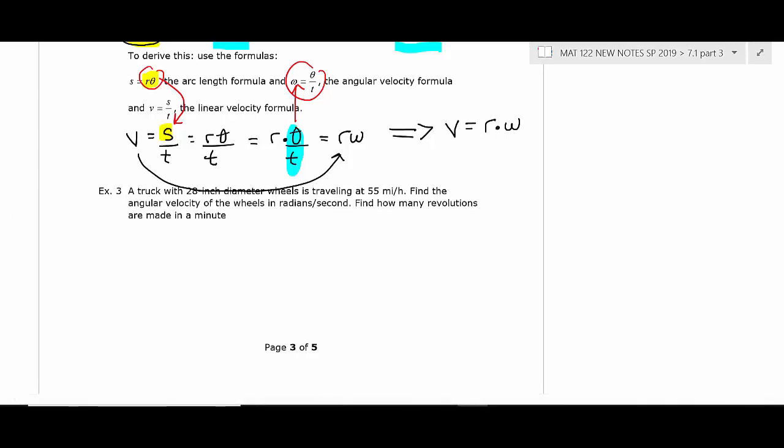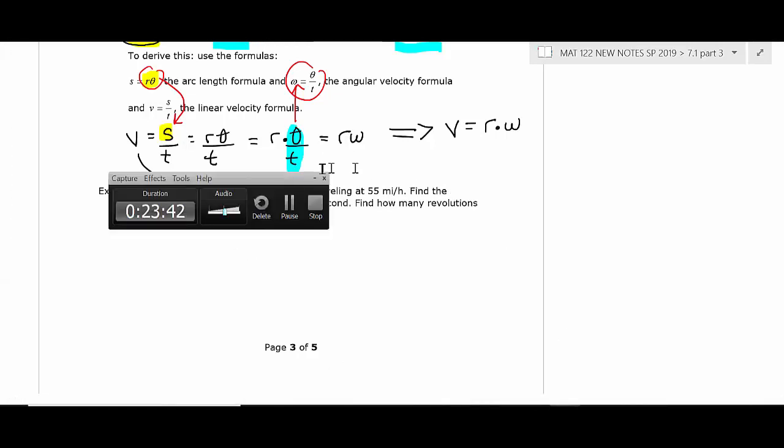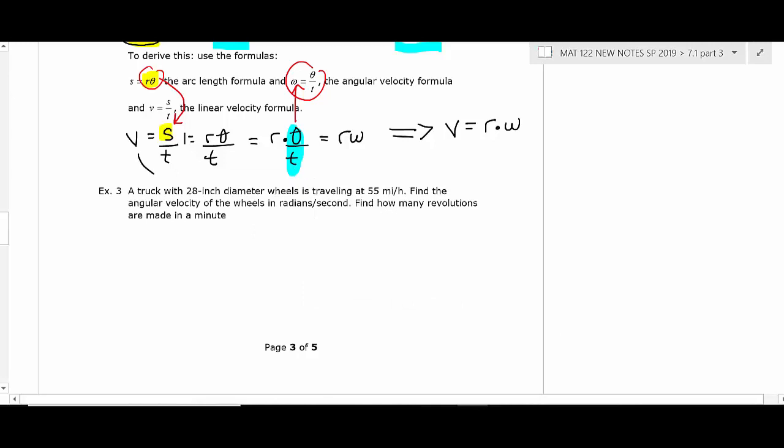Okay, so let's read this example and see where we are with this. This says you have a truck with 28-inch diameter wheels that are traveling 55 miles per hour. So we're going to find the angular velocity of the wheels in radians per second. Then we're going to find how many revolutions are made in a minute.